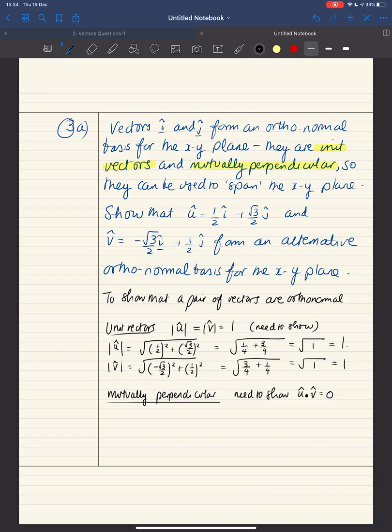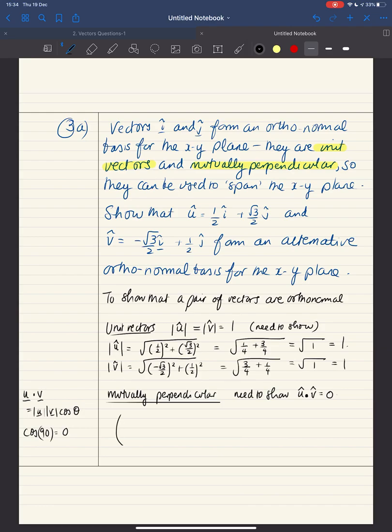That's because the dot product, u dot v, is size of u, size of v, cosine of the angle between them, and cos 90 is 0. So if the dot product is 0, then the angle between the vectors is 90.